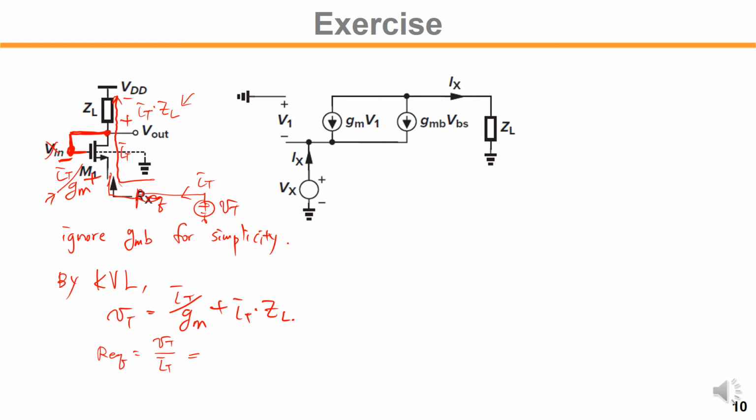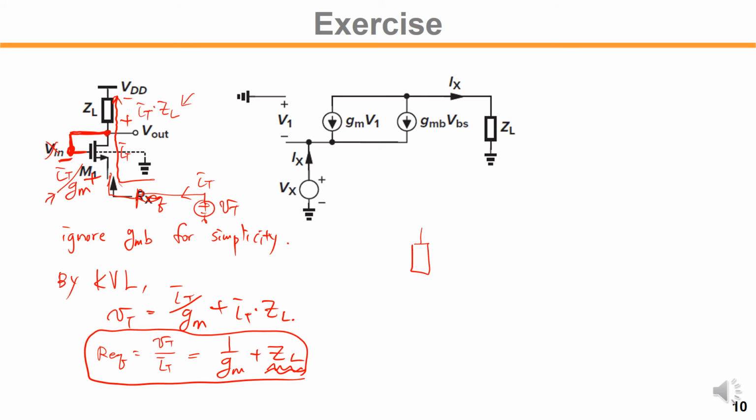So that would be 1 over GM plus GL. So unlike the previous example, in this case we are seeing the GL in that equation. So for the diode connection, it is equivalent to 1 over GM plus GL, like this.